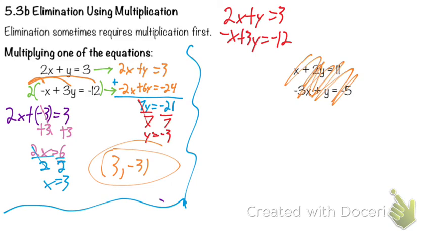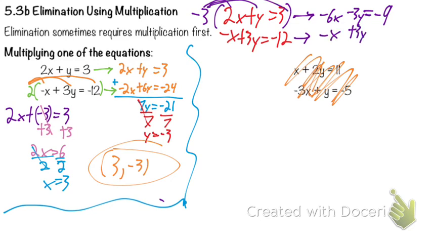I'd make it a negative 3. So I'd have to multiply this top equation by a negative 3. So I get negative 6x, negative 3y equals negative 9. And the bottom equation would say negative x plus 3y equals negative 12.